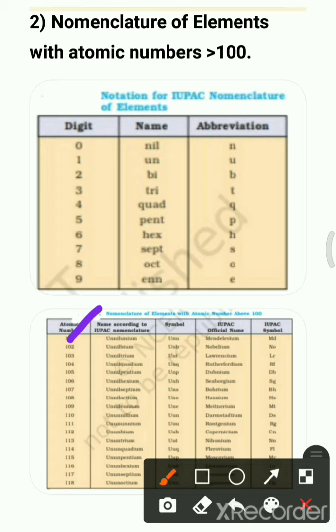Same for atomic number 103, unniltrium, the symbol is UNT, and the official IUPAC name is Lawrencium, with the IUPAC symbol Lr, and so on. You can study this in the table.